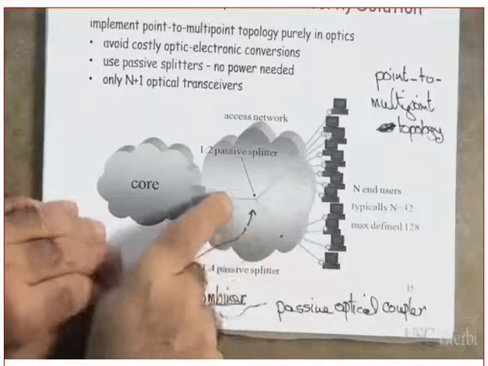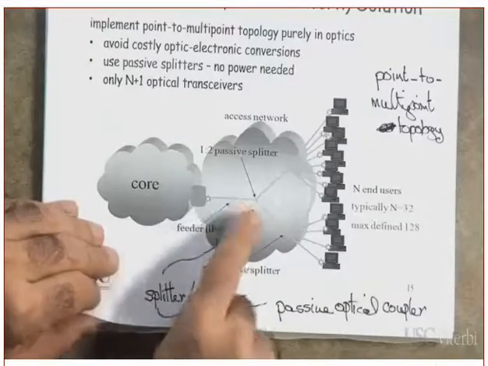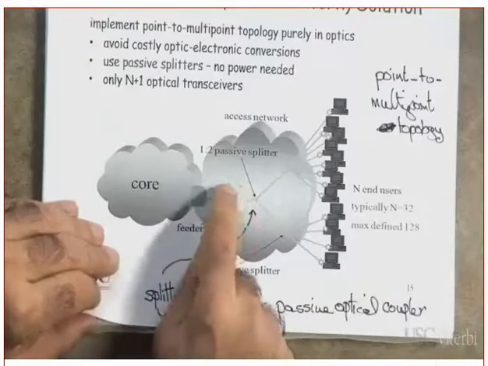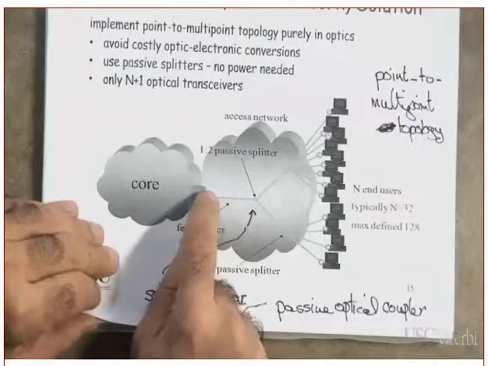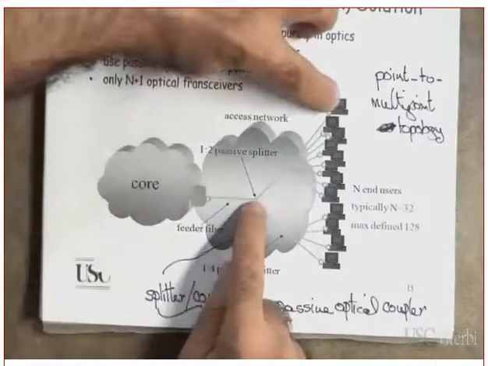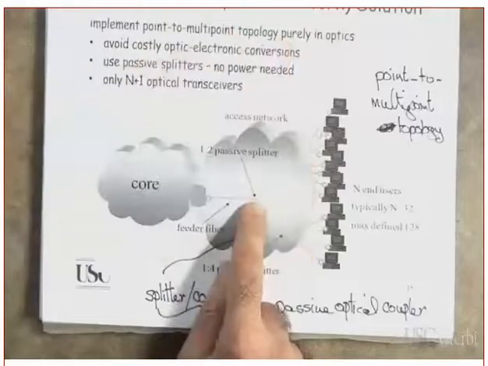Notice, by the way, if you support multiple wavelengths on the same fiber, let's assume in here, instead of just lambda 1, you put lambda 1, lambda 2, lambda 3, lambda 4. You could even assign to each of these users a specific wavelength.